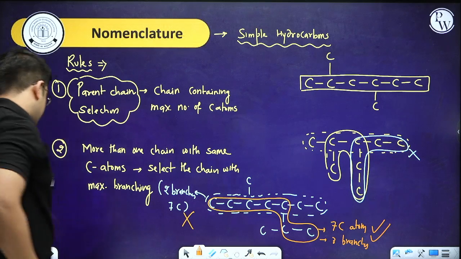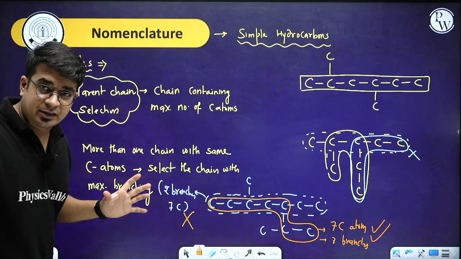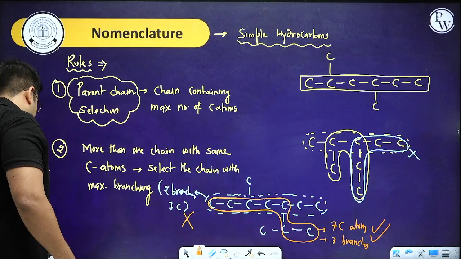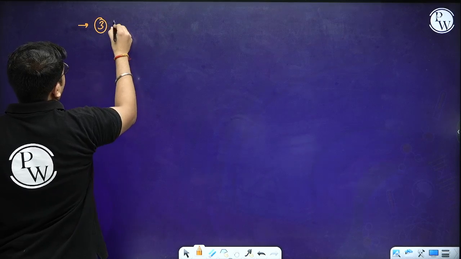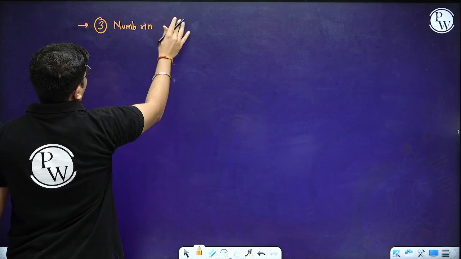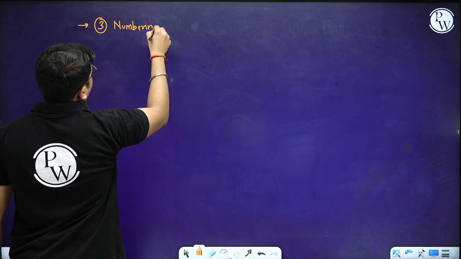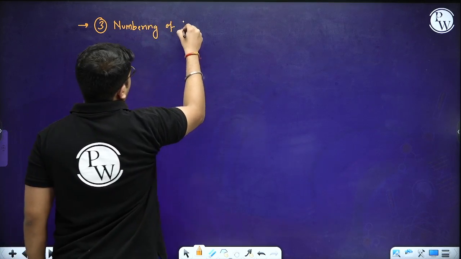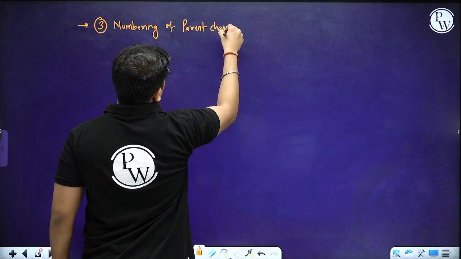Okay. Now moving to the next part. If we have selected the parent chain containing maximum branching, then it's time for the numbering part. Third part is numbering of the parent chain.